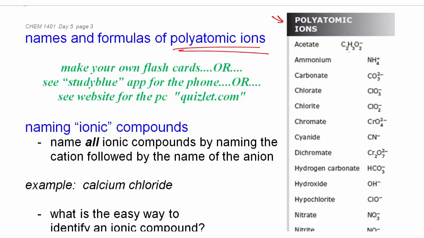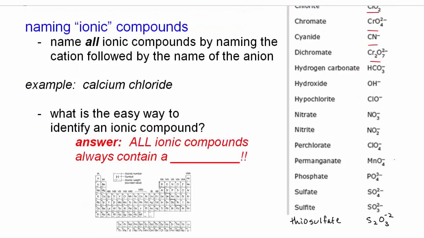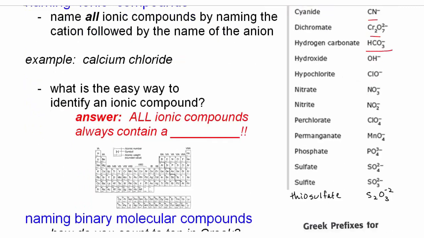We have acetate, ammonium, carbonate, chlorate, chloride, chromate, cyanide, dichromate, hydrogen carbonate, hydroxide, hypochlorite, nitrate, nitrite. Notice how in some of these, they're very similar, just the "ate" goes to an "ite" because there's one less oxygen. Notice that? NO3 to NO2.